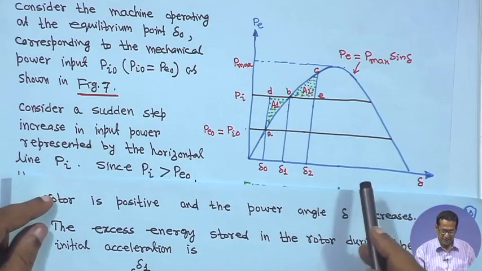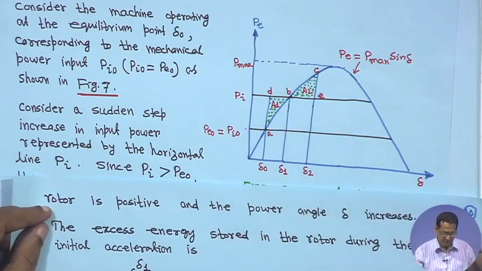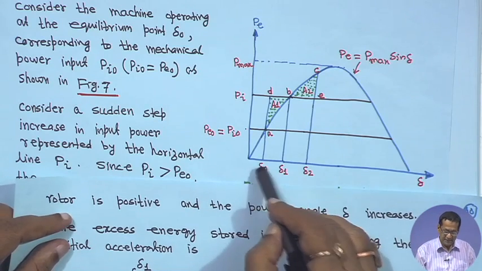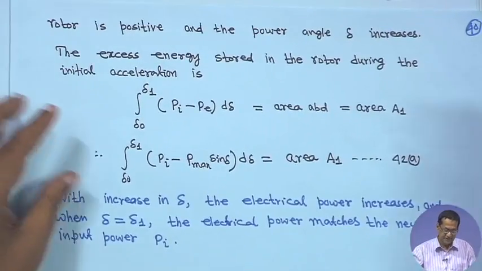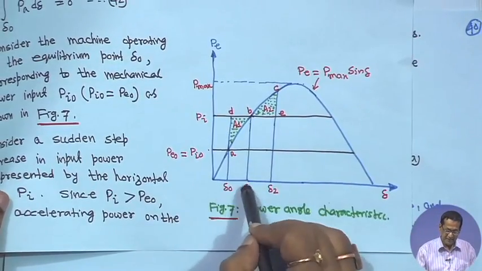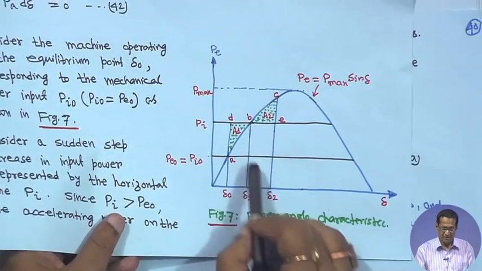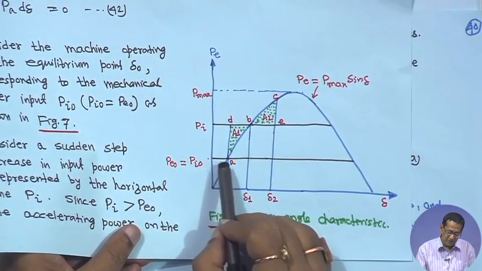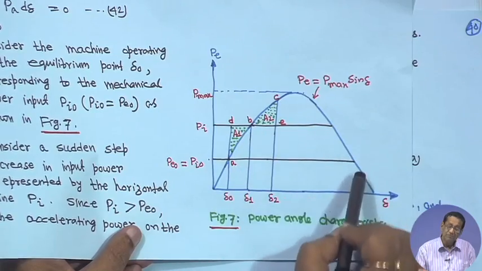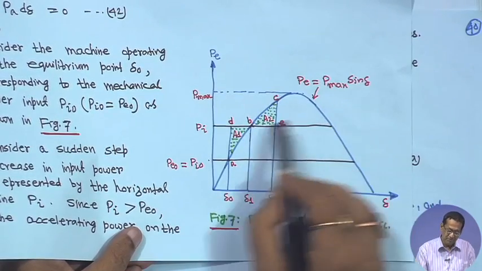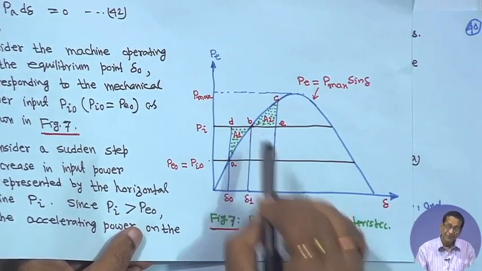What will happen is that the excess energy is stored in the rotor during the initial acceleration from δ0 to δ1, as shown in this diagram, because the input has suddenly increased to Pi. This horizontal line cuts the sine curve, that is the power curve, at this point, that is B.